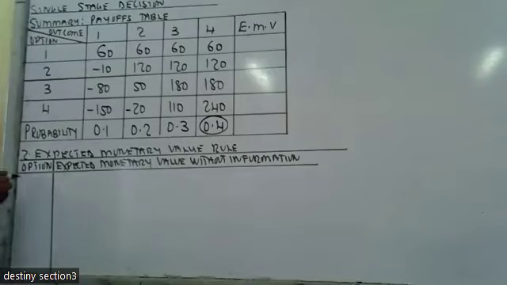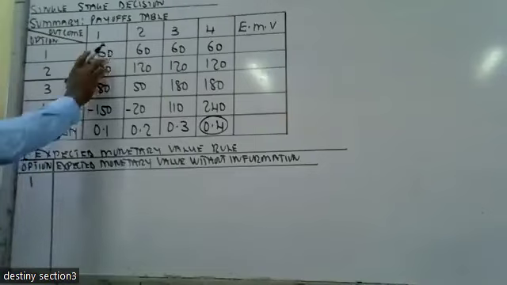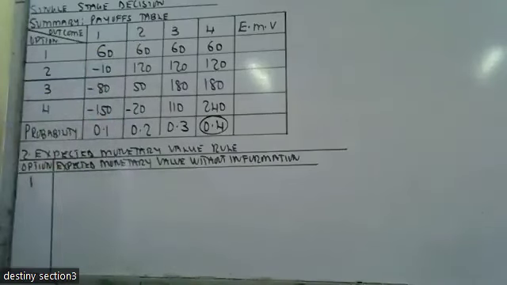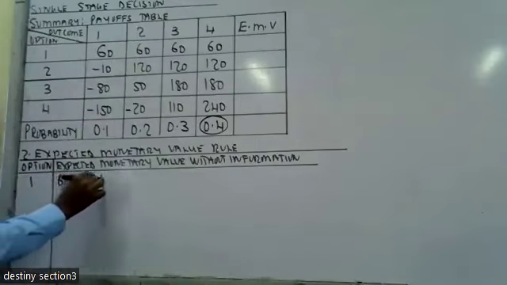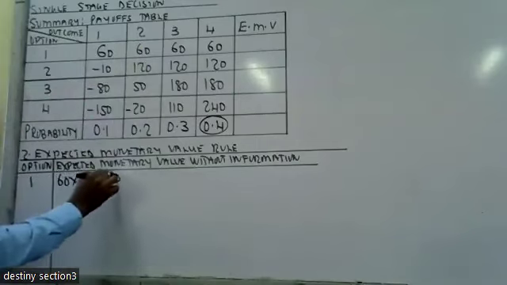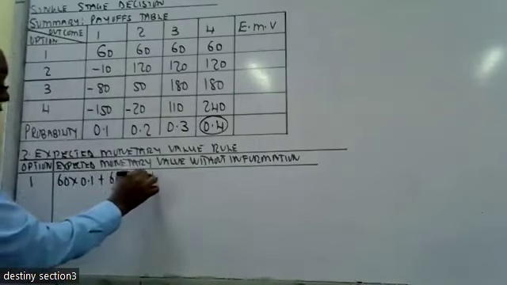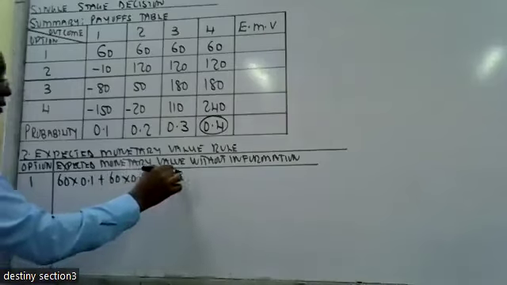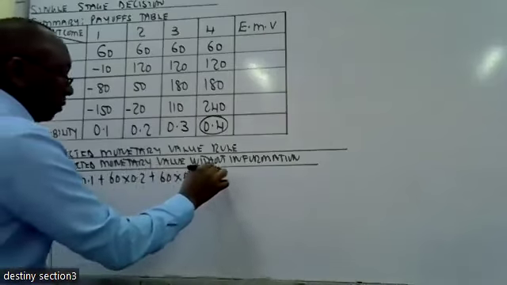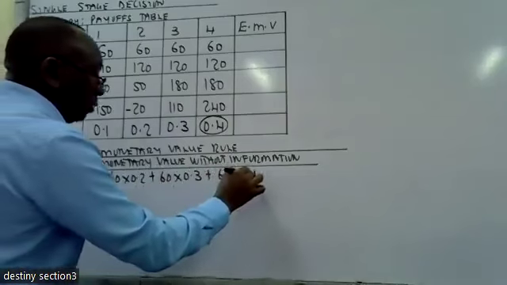This is what you do. You come here and say option 1. Unachukua hizi payoffs, you multiply with the probability. So kama ya kwanza tasema ni 60 times 0.1 plus 60 times 0.2 plus 60 times 0.3 plus 60 times 0.4.